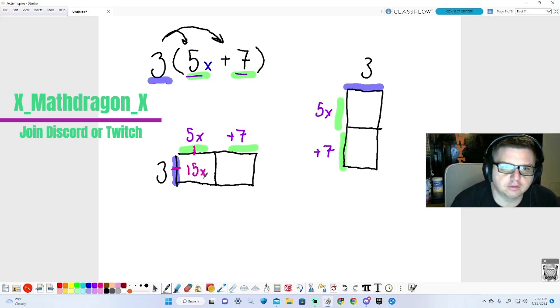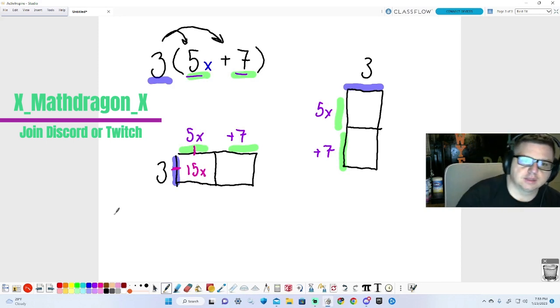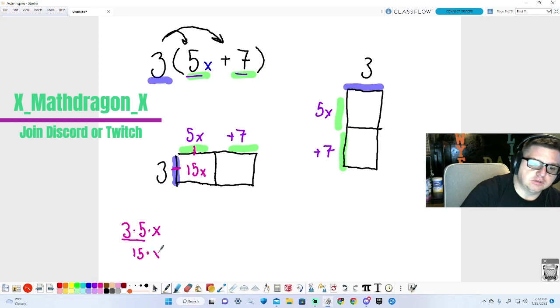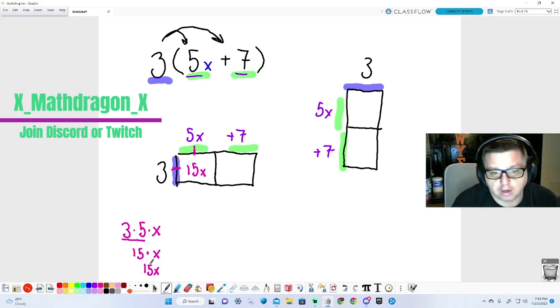And it's how you have to think of this. What we're doing is we're doing 3 times 5 times x. And if we were to plug a number in for x, we would multiply it together. But we don't have a number for x right now. X is just x. So when we do this, we're going to do 3 times 5, and we're going to get 15. And we're still going to times it by x. But for mathematics and aesthetically pleasing things, they don't put that dot there. They just write 15x. So we're still multiplying. If we ever did have to plug a number in for x, they just don't show it.